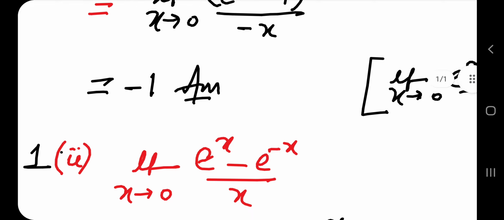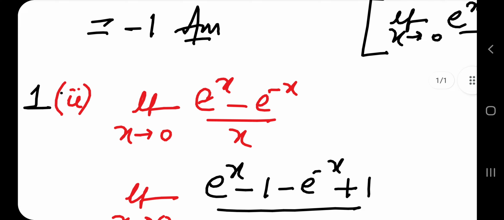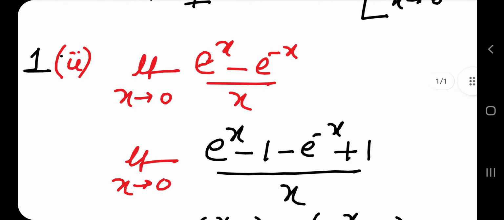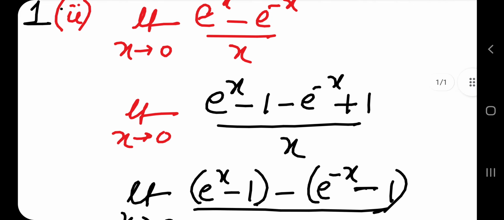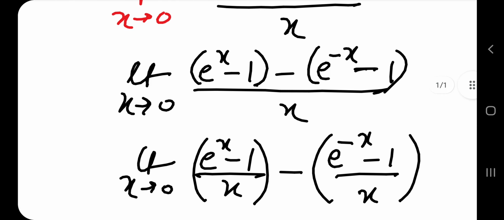Next sum is limit x tends to 0, (e^x minus 1 minus e^(minus x)) by x. This one can be done in this way. I'll take minus 1 and plus 1. Why? We can separate out these two in this form. If I take minus common, we will get e^(minus x) minus 1. Now separate these two items in this way.